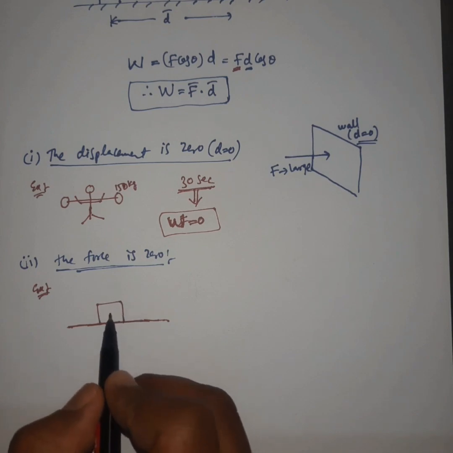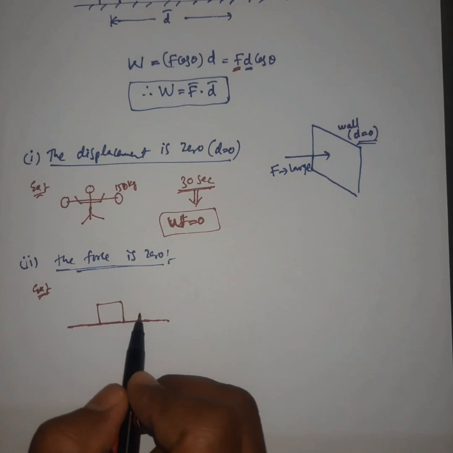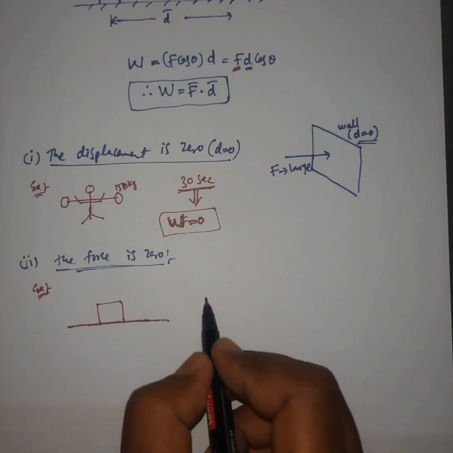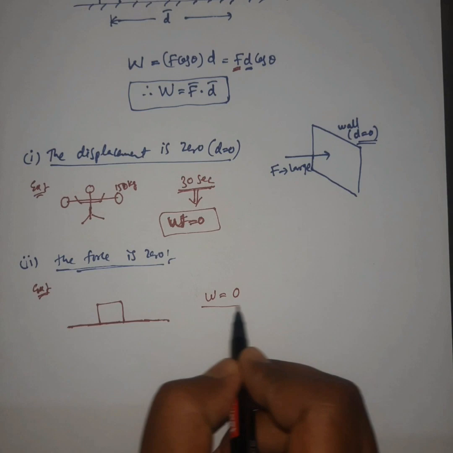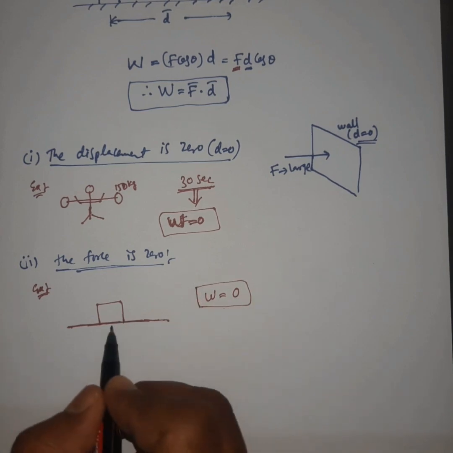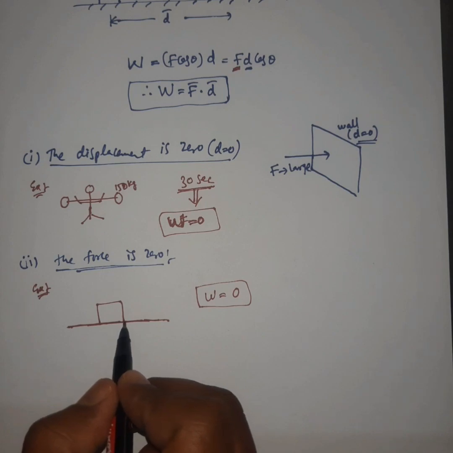So force is 0, but displacement exists. Force is 0, displacement is not 0, so work done is 0. In this case, work done is 0 because there is no horizontal force.